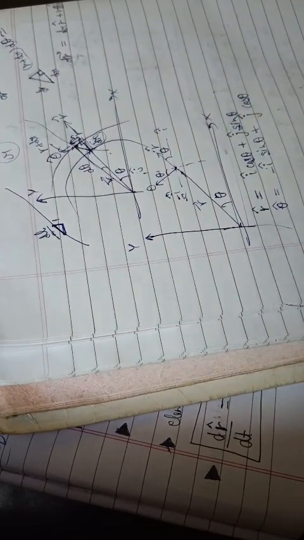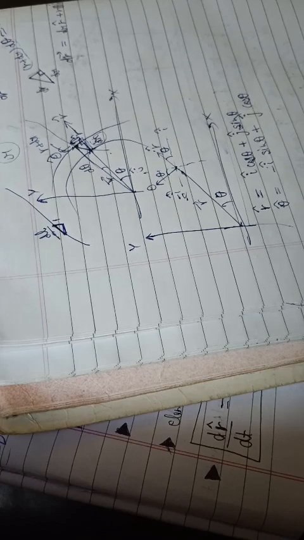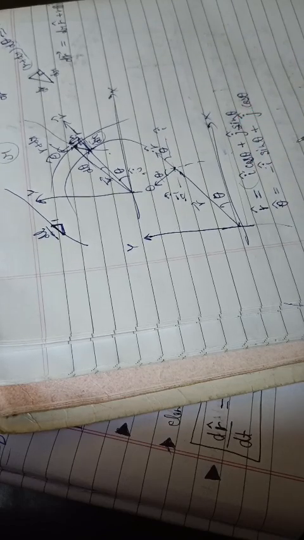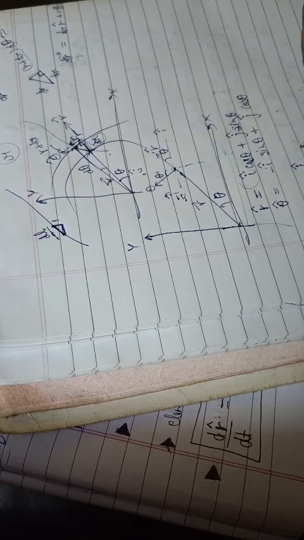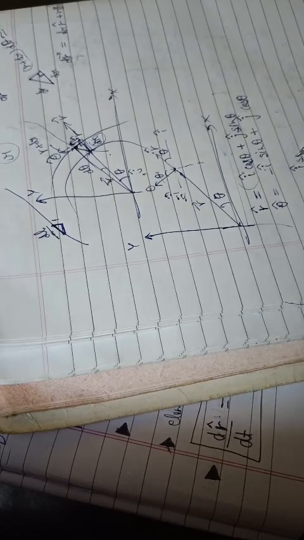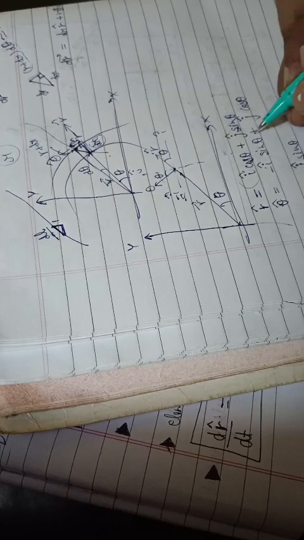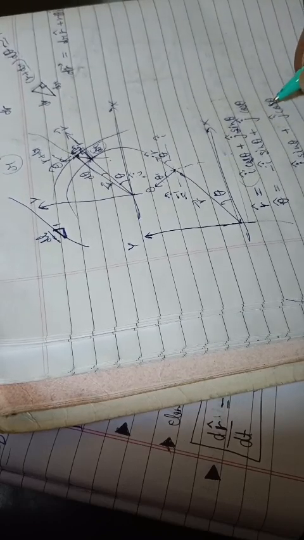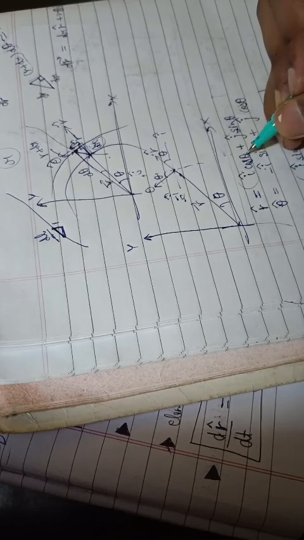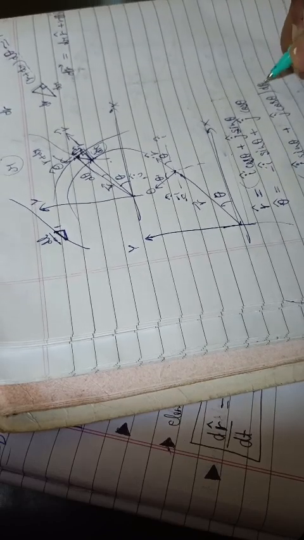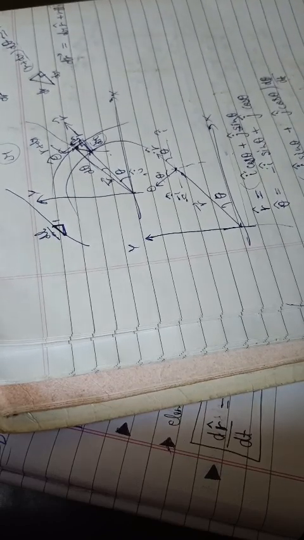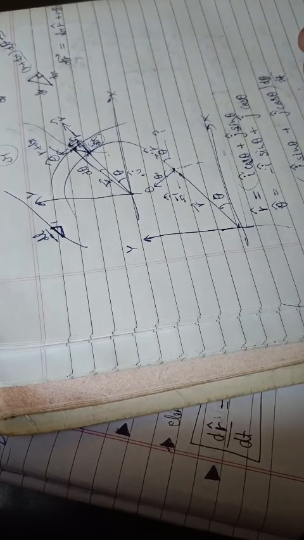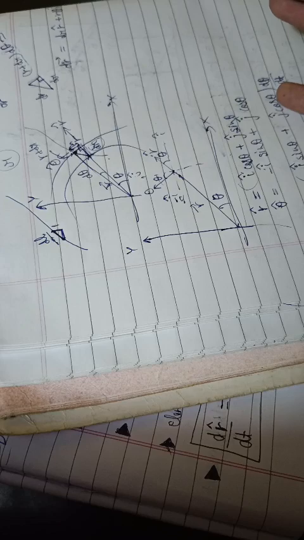Now let's differentiate with time. d r cap by dt, differentiating, since it is a constant vector, we get i cap minus sin theta plus j cap cos theta. Differentiation of theta gives d theta by dt, which is omega, and the direction of omega is the direction of theta we chose.